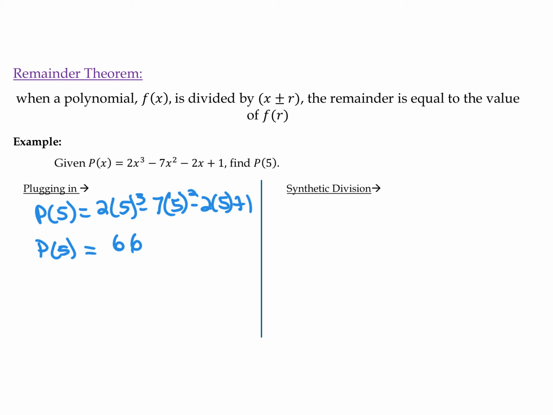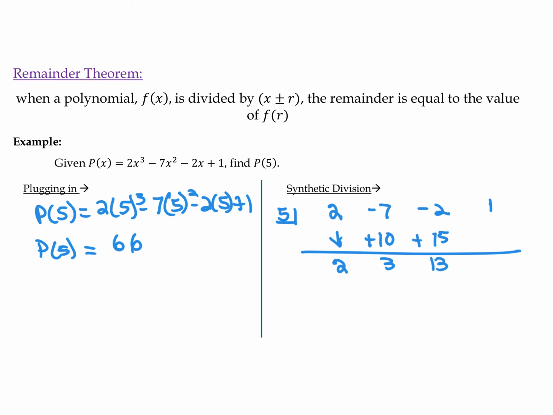Using the remainder theorem, it says that if I perform synthetic division on this polynomial, my divisor is 5, and I list my coefficients, 2, negative 7, negative 2, and 1. I'm going to bring down the first one, multiply and add, multiply and add, multiply and add.